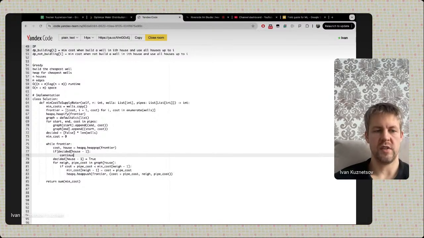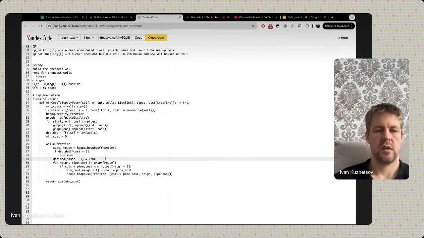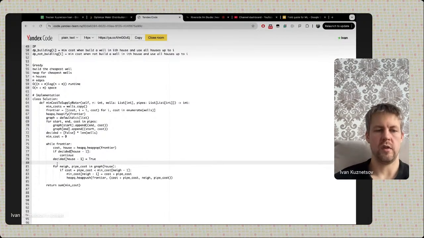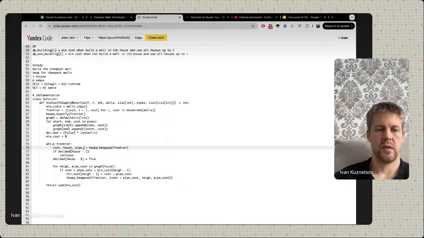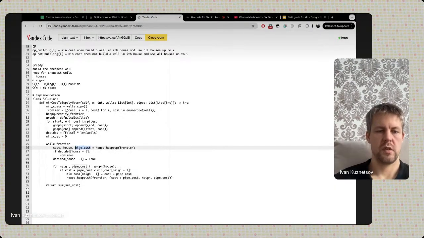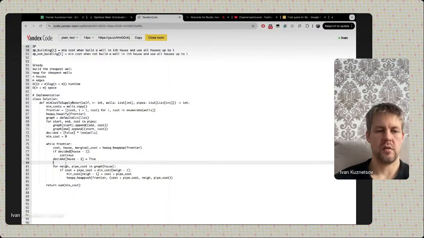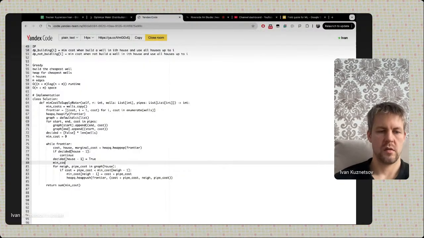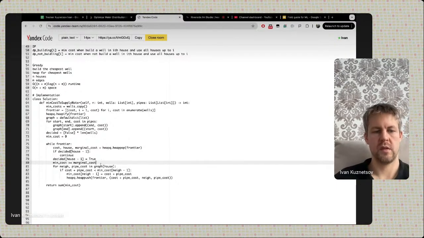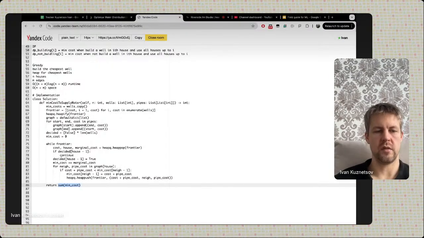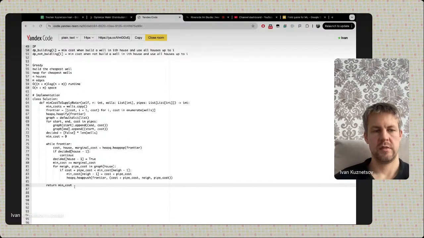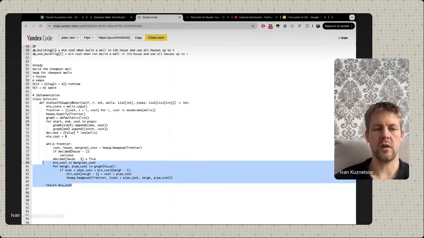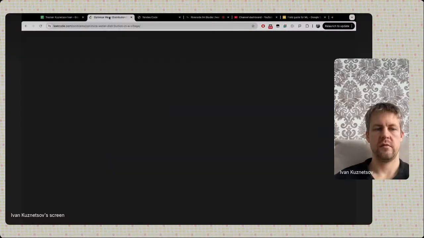And then once we have decided about the house, marginal cost, so the cost that we are adding, and then here it will be cost plus marginal cost, and here we will be returning not sum of min cost but just min cost, so that we are not counting the prices of everything twice.